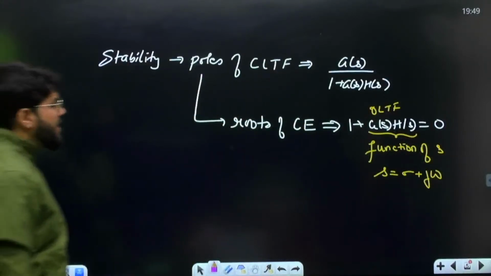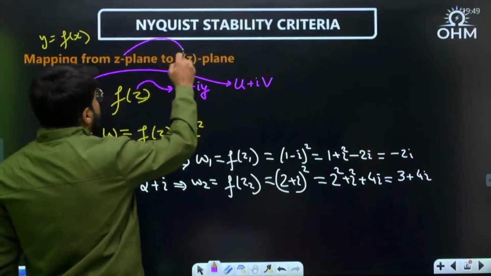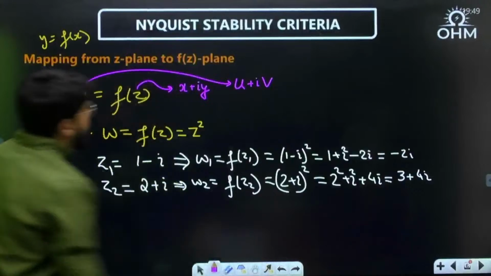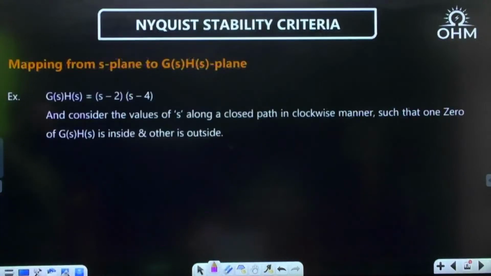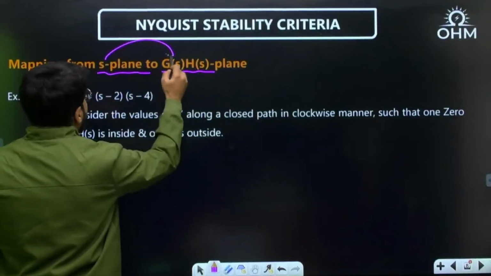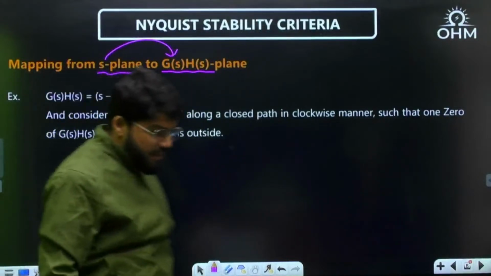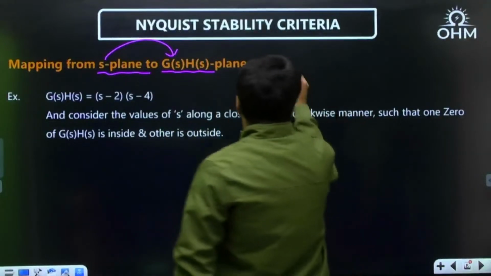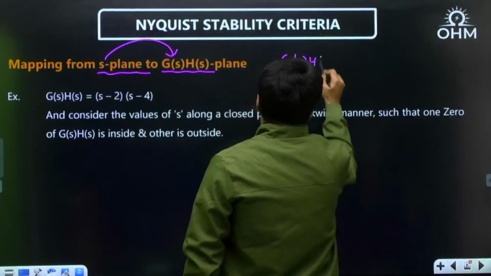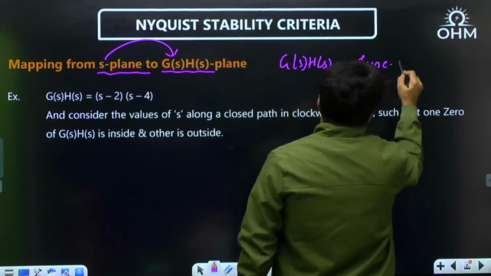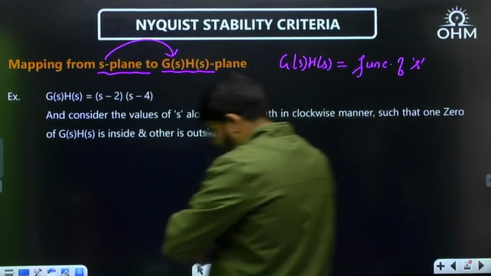That is why, like I was explaining, the mapping from the Z plane to the f(Z) plane, let us now talk, coming back to our required control system theory, about the mapping from the S plane to the G(s)H(s) plane, because again I repeat, G(s)H(s) is a function of s, some function of the complex variable.